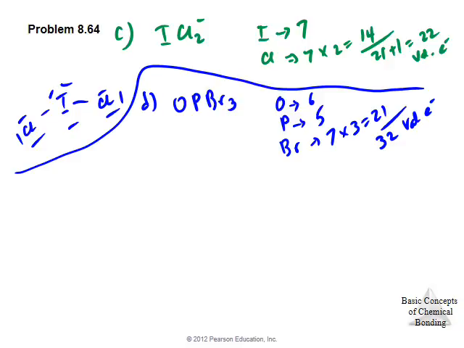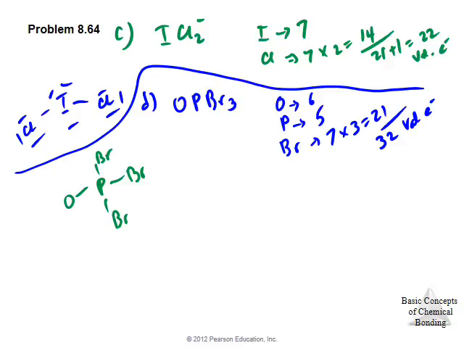Now they're saying that P is the central atom, so just put P as the central atom, and oxygen, then 3 Br, 1, 2, 3 Br, and give noble gas configuration to the outer atoms.